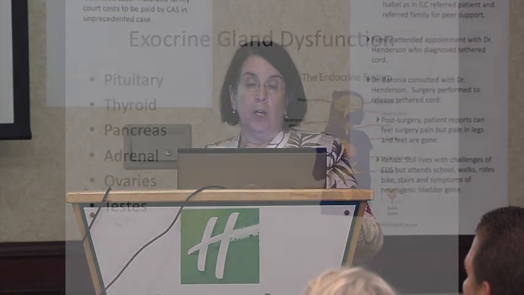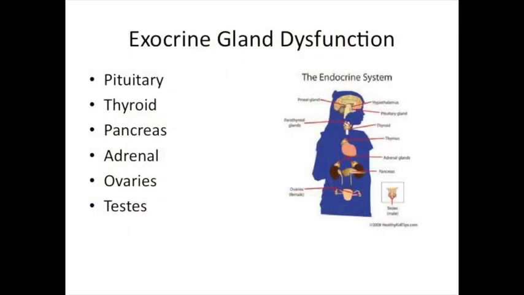Exocrine gland dysfunction. This is an area that really requires a tremendous amount of additional work as well. We see pituitary problems, thyroid problems, problems with the exocrine pancreas, adrenal insufficiency, and then gonadal dysfunction.